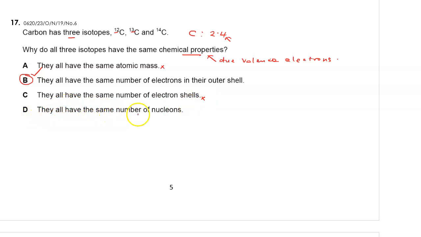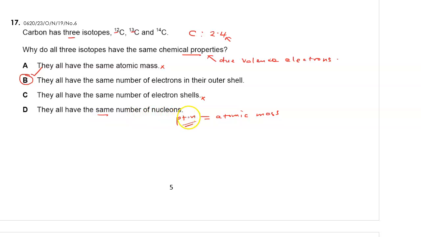They all have the same number of nucleons, and nucleons is protons plus neutrons, which is the same as atomic mass. And as you can see, they have different atomic masses, 12, 13, 14, so they don't have the same atomic mass or number of nucleons.